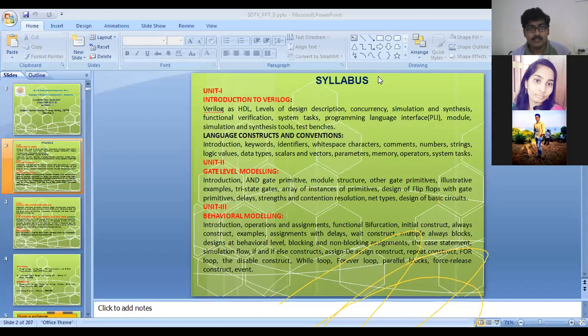This is part B of the first unit itself, language constructs and conventions.